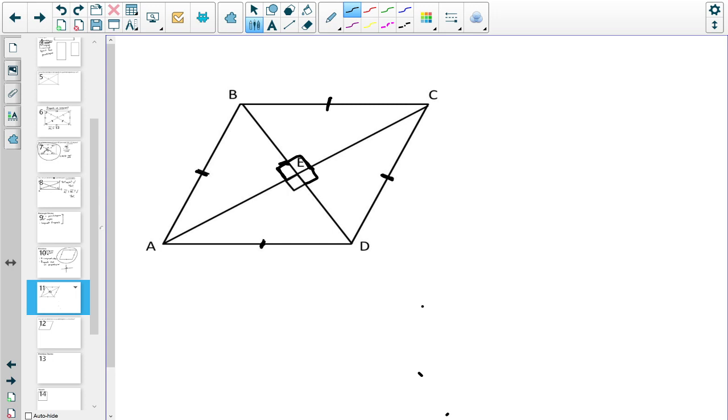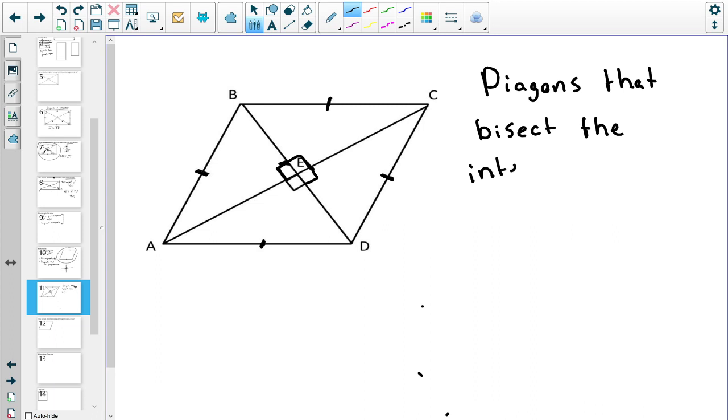But there's one more thing that needs to be made note of here. That is that a rhombus has diagonals that bisect the interior angles. Let's think about what that means.